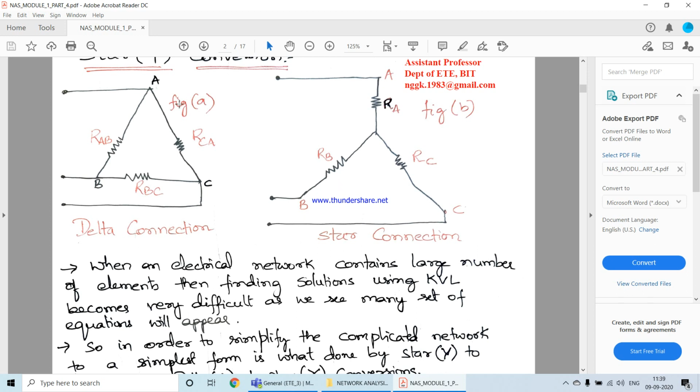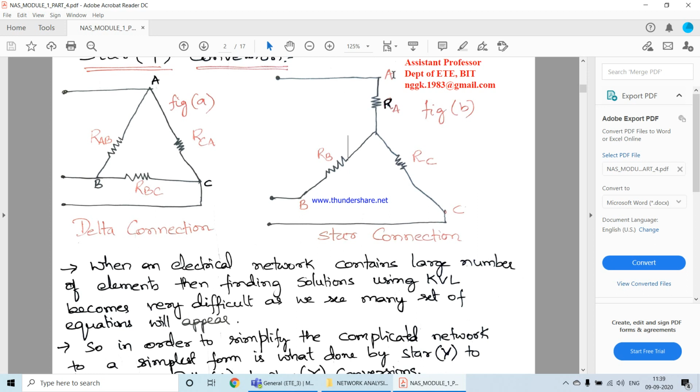So what would be the equivalent resistance across A and B? When I am trying to find the resistance across A and B, RCA and RBC will fall in series, they both get added up, and that in turn will fall in parallel with RAB.